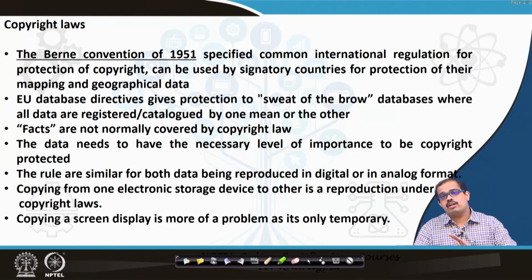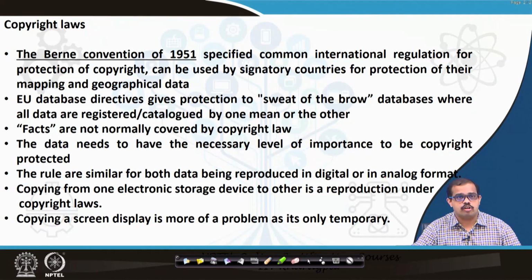Facts are normally not copyrighted under copyright law, only the digital data is. The data needs to have a necessary level of importance to be copyright protected. So, you should understand that only certain data can be copyright protected.